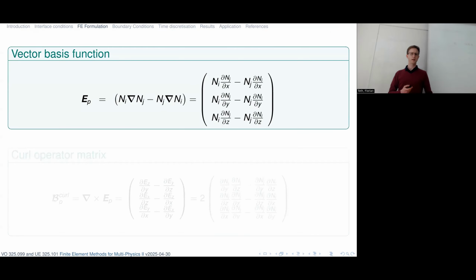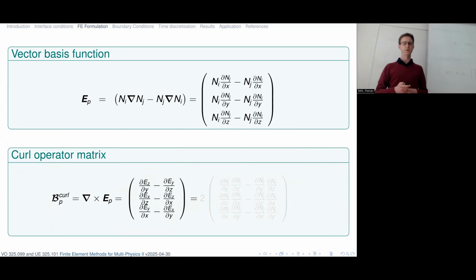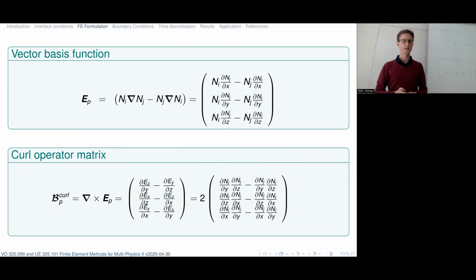So let's look at how these operators look. In fact, we've seen the definition of the ansatz functions already, that take gradients of the Lagrange type ansatz functions, and the curl operator that is the curl of this ansatz function. So this example shows you how to compute the curl operator.